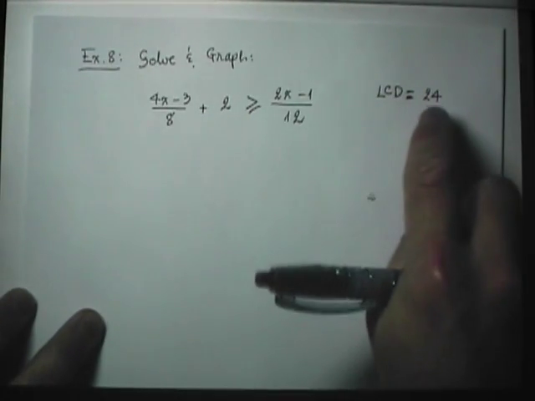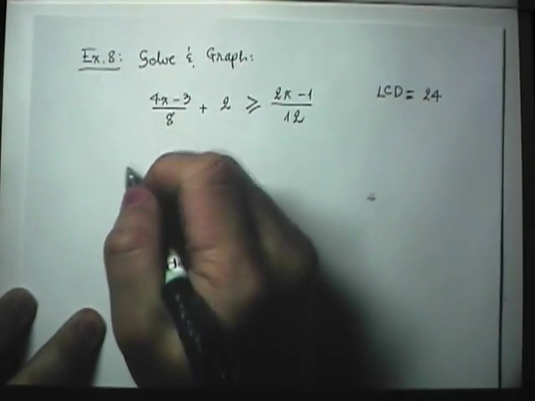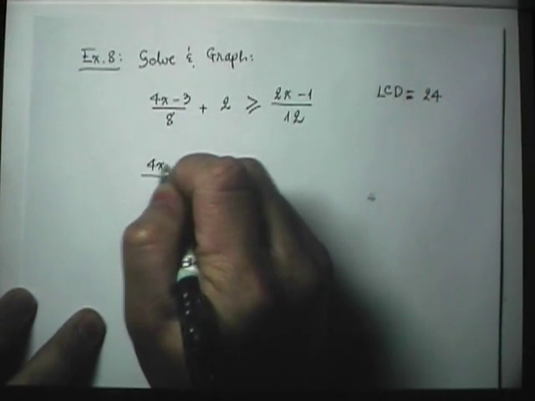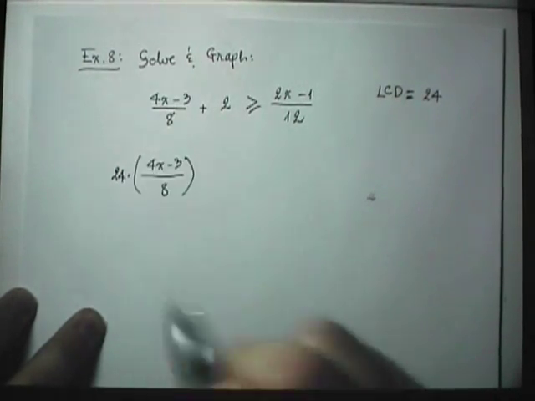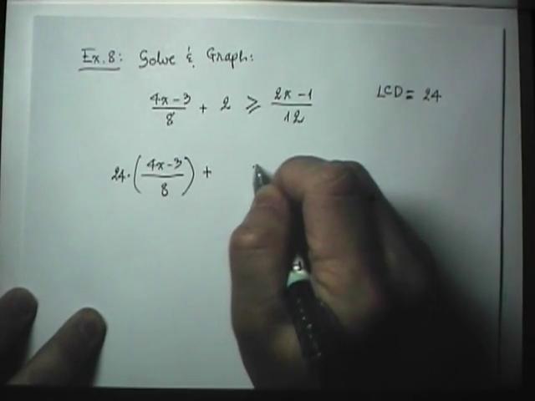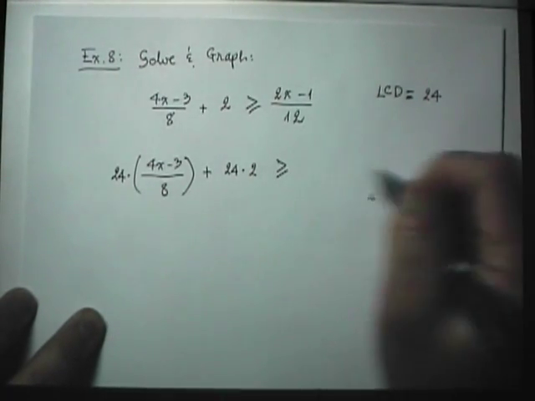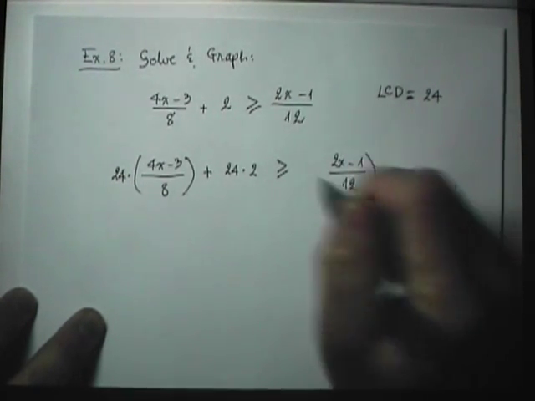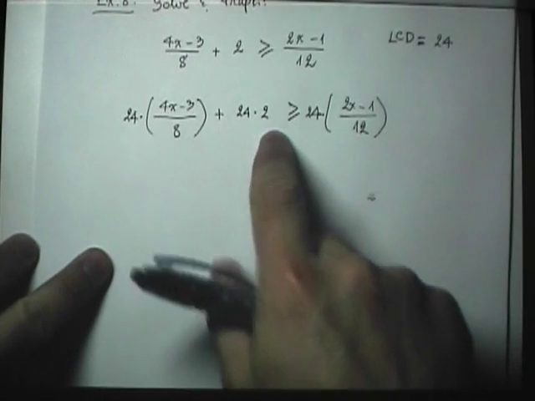So my first term, (4x minus 3) over 8, I'm going to multiply by 24. The next term on the left hand side, 2, I need to multiply by 24. And the term on the right hand side, (2x minus 1) over 12, I also need to multiply by 24.